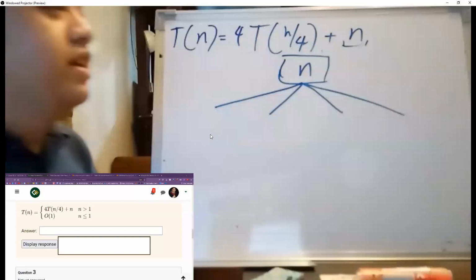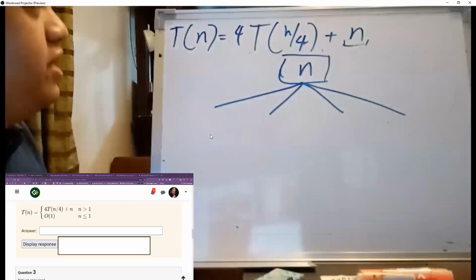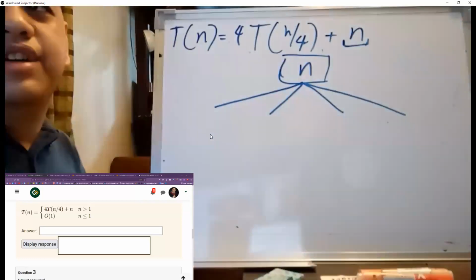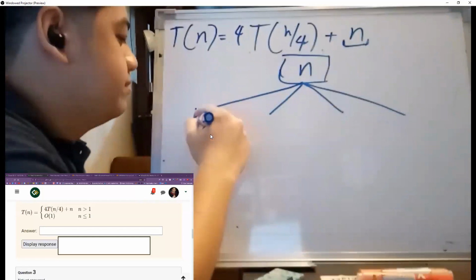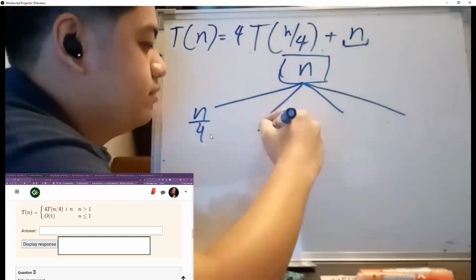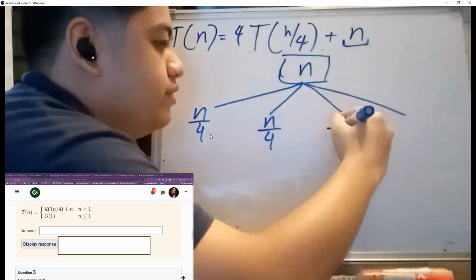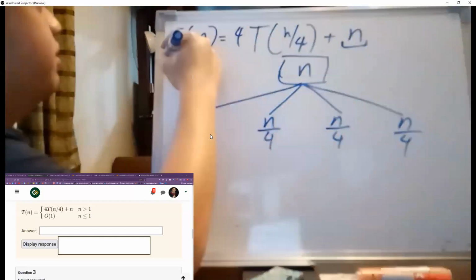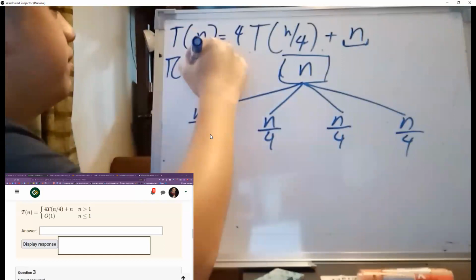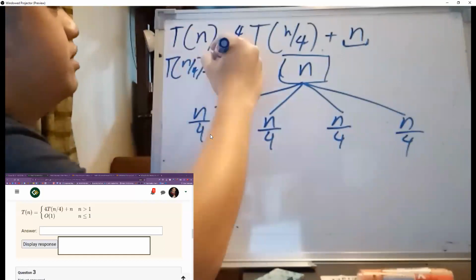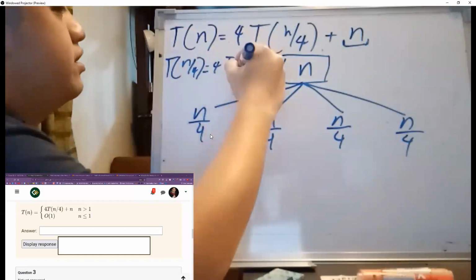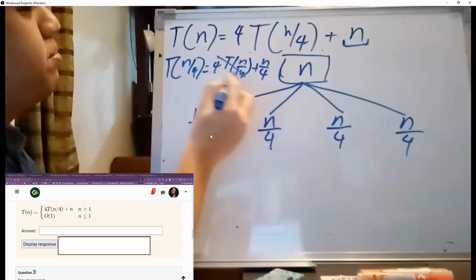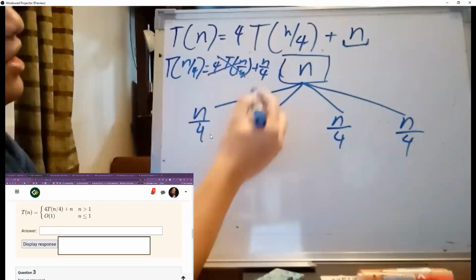And kada nagawa niyang T of n over 4, meron siyang n over 4 na term. So bakit n over 4? Kasi pag kinuha natin si T of n over 4, that is 4 times T of n over 16 plus n over 4. So without the recursive part, ang natitira sa atin is n over 4.